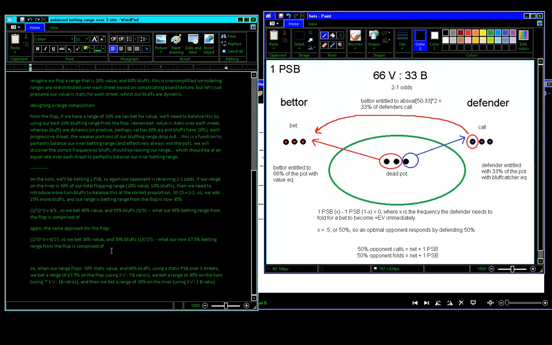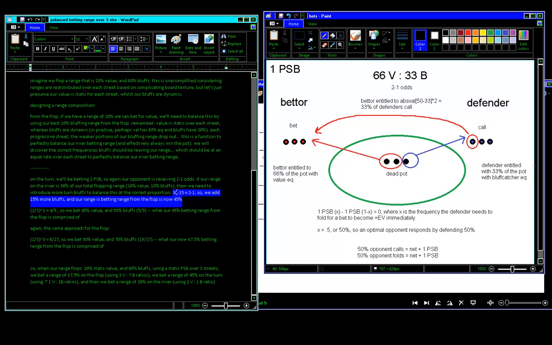Again, we took the same approach for the flop. A very easy way to figure out how much value and bluffs we should be betting is the same approach we just did right here, except put it to the power of 3. 8 out of 27 is what we get for our value. That's 30%, and then we should be balancing that with 70% bluffs.